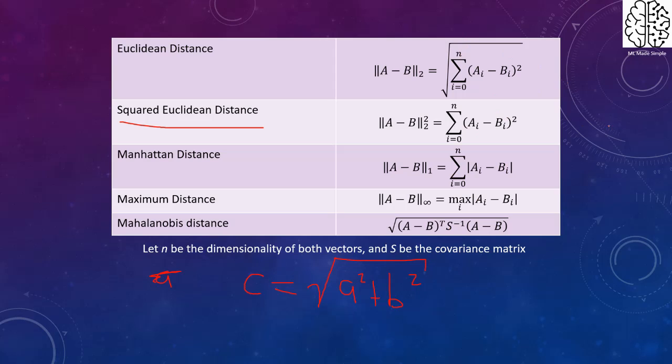So if we have vector A, B, you can see there's 2 items in this vector, so A squared plus B squared. This is actually a really bad example. So let's say 1, 2, and then our second vector is 3, 4.